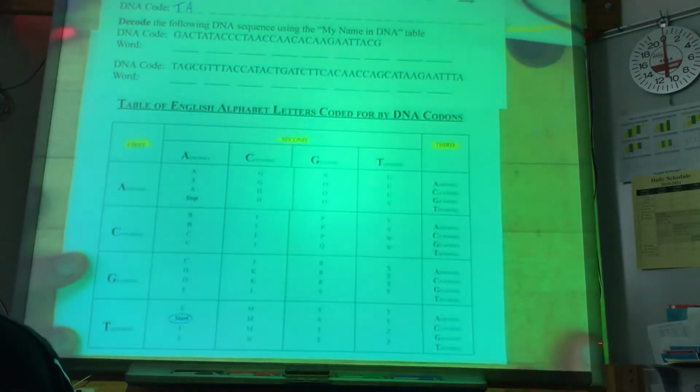The first and second are pretty easy. The third is a smidge more tricky. And that's why Mr. DeBoer ran those other copies.